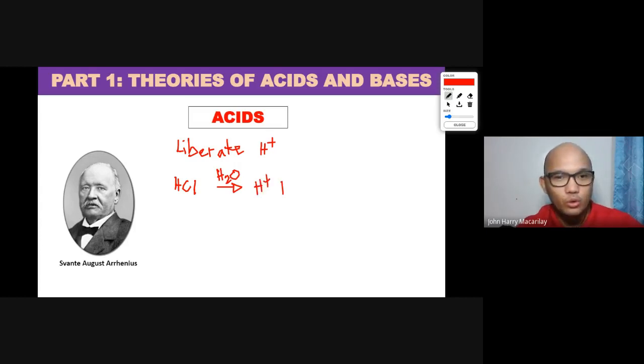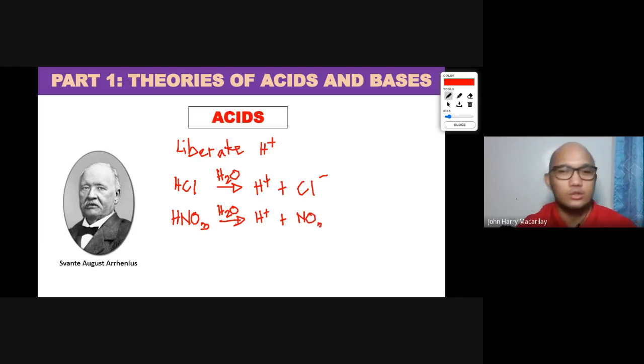The same with nitric acid. In an aqueous solution, it will liberate hydrogen plus a nitrate ion. So that is your Arrhenius acid.